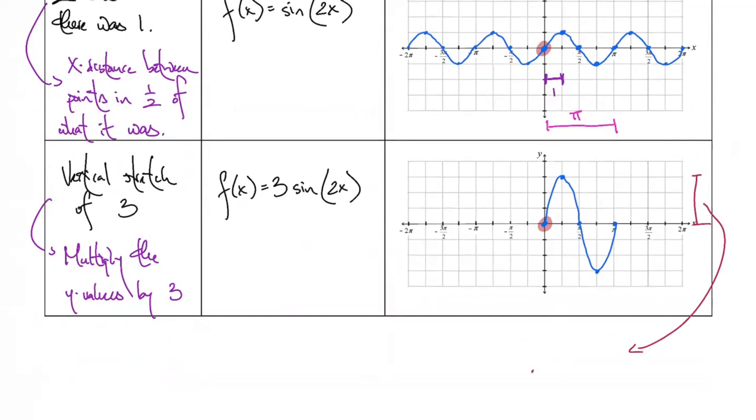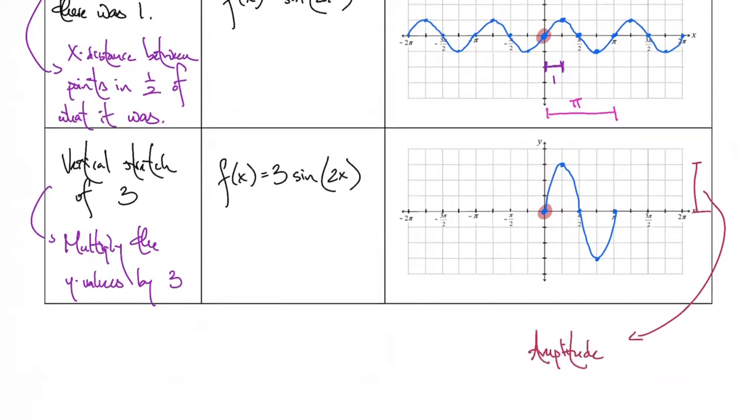From the center point to the highest point, how many units is that? That's all that's asking. What's interesting is it's not from the tip top to the bottom, right? It's only from the center to the top.